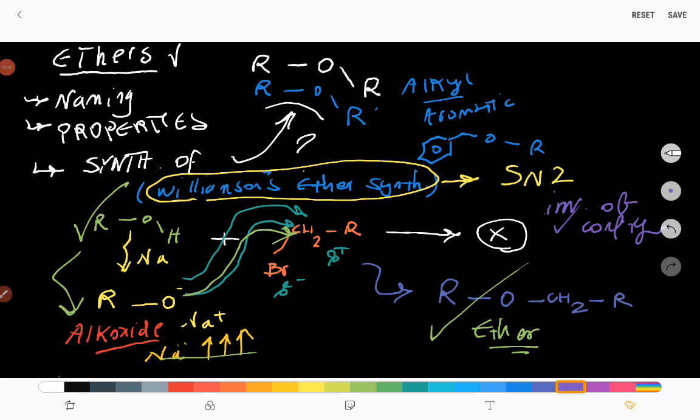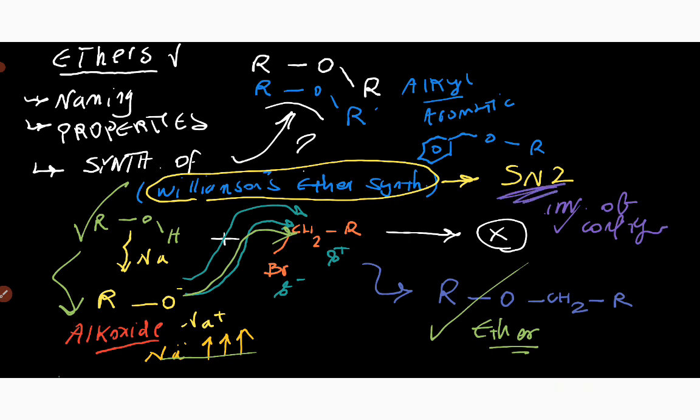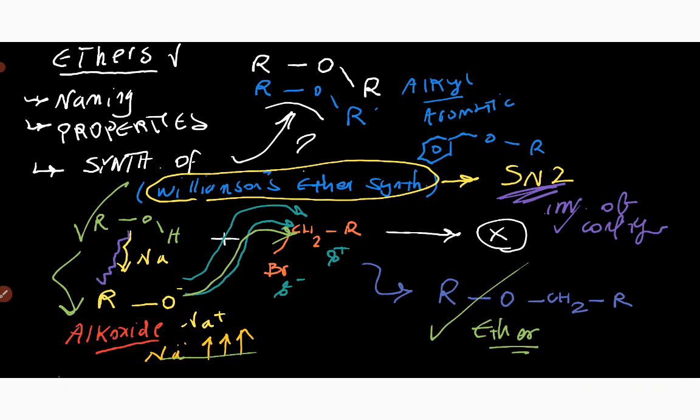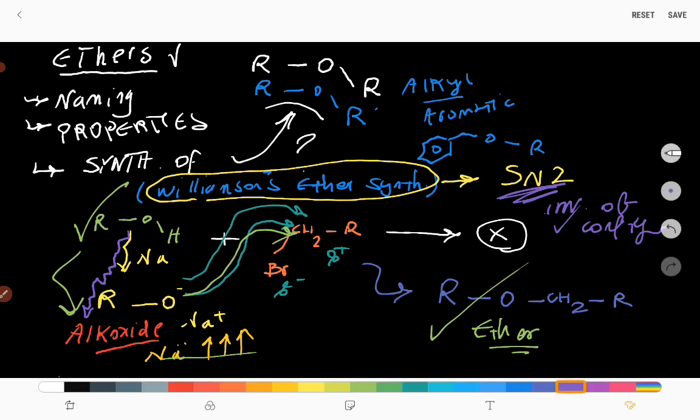And because the Williamson ether synthesis is an SN2 reaction, we need a powerful nucleophile, so we make the alcohol into a powerful alkoxide nucleophile, because an SN2 reaction needs a powerful nucleophile.